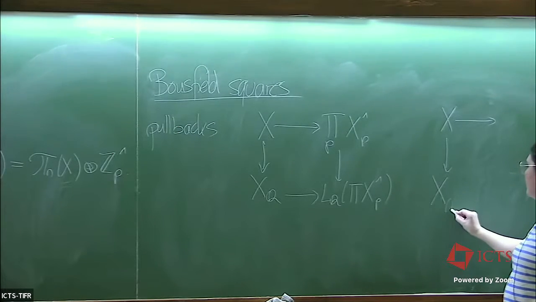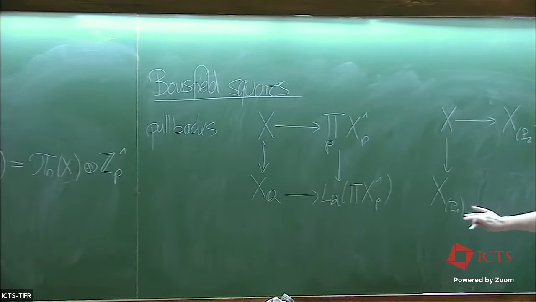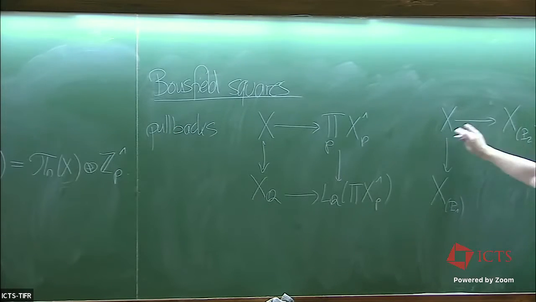You can localize at a set of primes, and then you take all the other primes and localize at them, and that reassembles into X. And of course, if you localize at all primes at the same time, that's the same as rationalization.